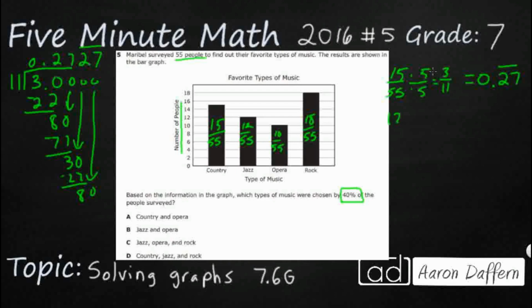So I've got 12 out of 55. That can't even be reduced. So if I want to figure out what this is, I have to divide 55 into 12. It goes in there 0 times. 55 goes into 120 twice, and that's going to be 110.